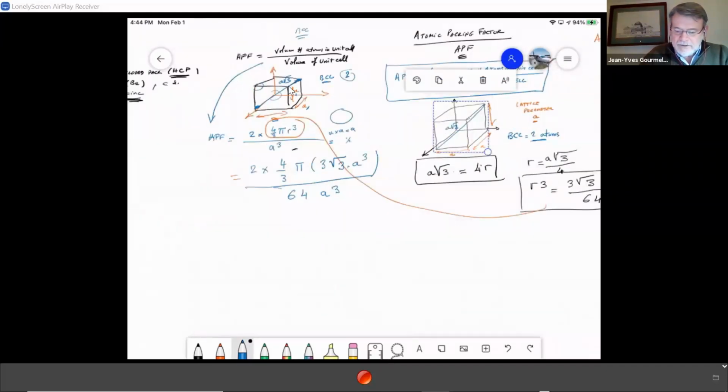Well, that's kind of convenient because now it doesn't matter whatever metal you have as long as it's body-centered cubic. You see the lattice parameters will cancel, A will cancel.